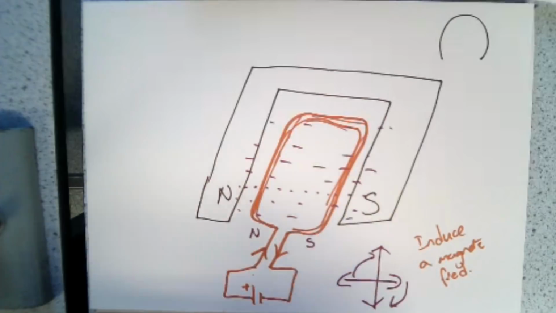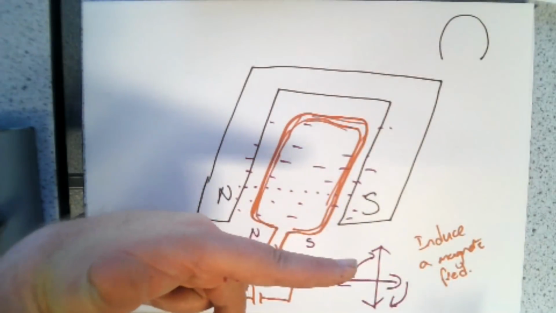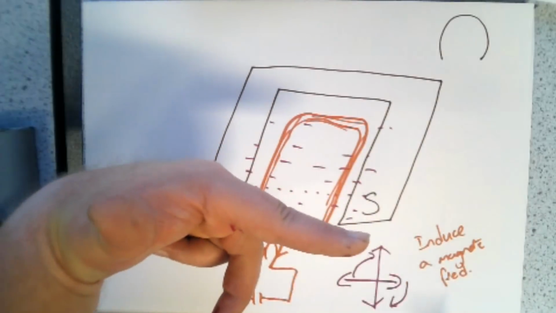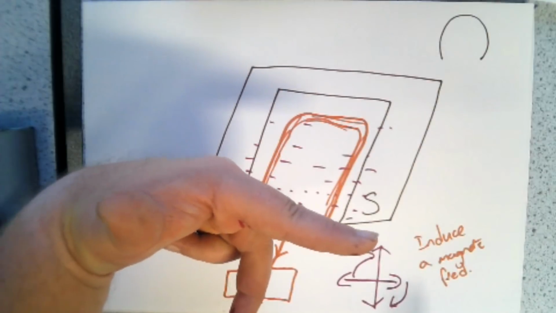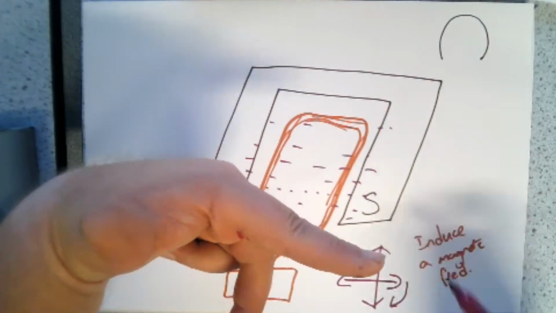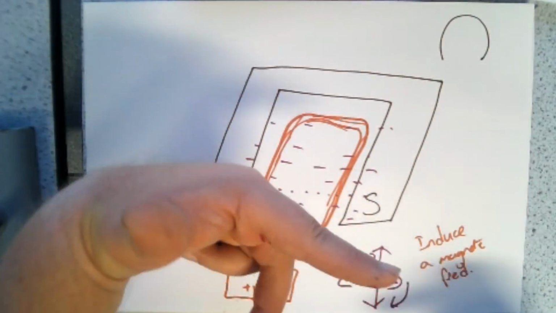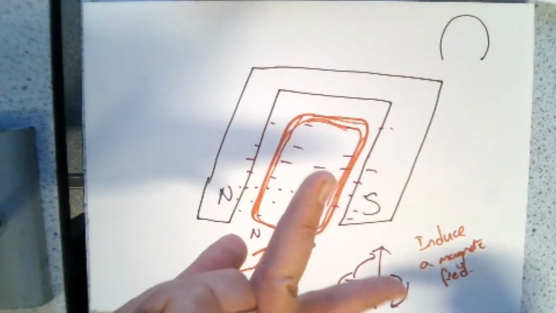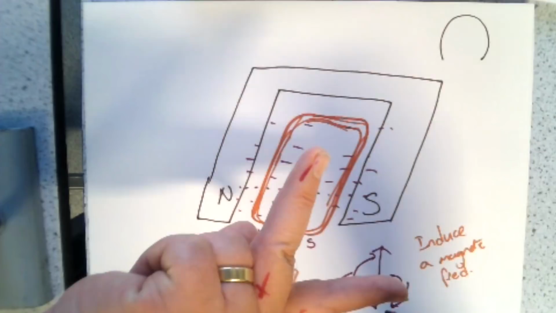So I'm going to take my finger north to south. That's pointing in the right direction, north to south. However, my current finger, oh, it's pointing in the wrong direction. I'm looking at this side here only, so I've got to have my finger pointing that way: plus, minus, north, south.